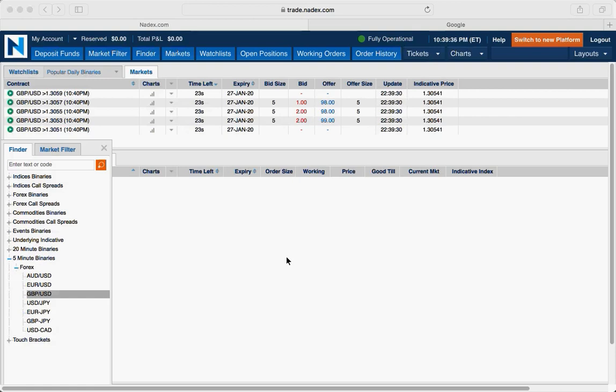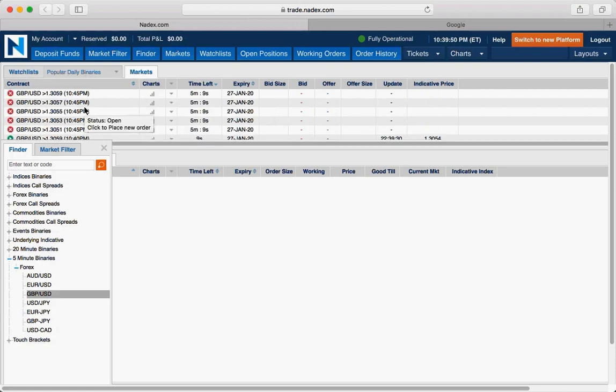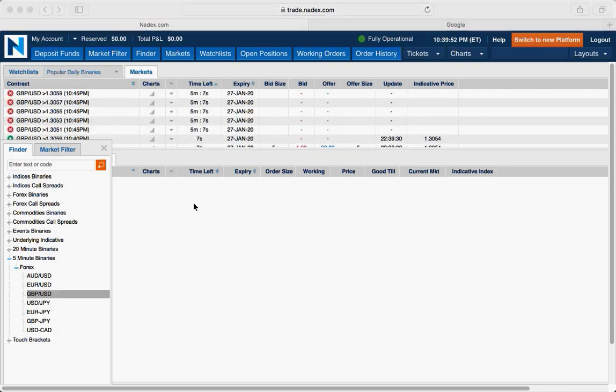Excellent. The indicative is sitting in between the two strike prices, meaning the two would-be relevant strike prices. If the indicative is sitting in the middle of that, there would not be pricing on either one. That's why you don't see pricing on either one.